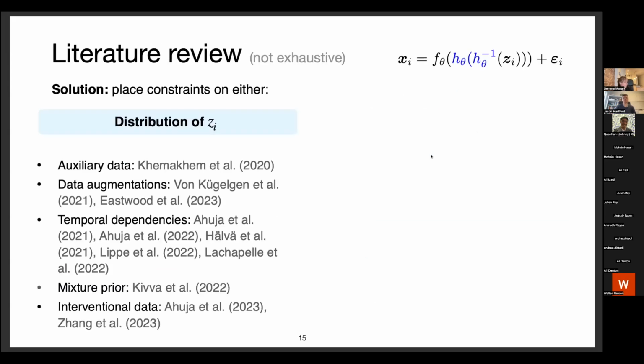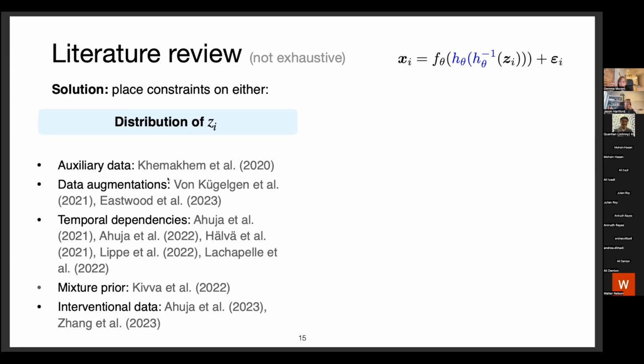So we've seen some great talks on ways to place constraints on either the distribution of our latents or our generator functions. But just as a non-exhaustive literature review, there have been many papers that place constraints on the distribution of Z, either from assuming access to some auxiliary data about the latent variables, or by assuming that there are some data augmentations.